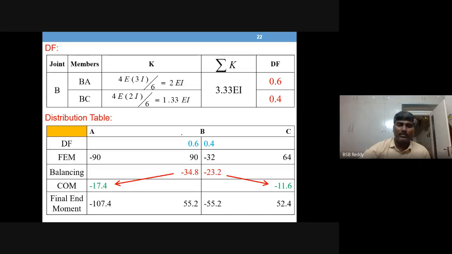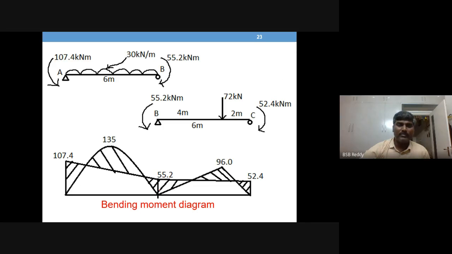I'll straight away go to the result that we got in the last session. So moment at A in AB is this value, moment at B in AB, moment at B in BC, moment at C in BC. So these are the values. First let us draw them, then we will take up drawing BMD.